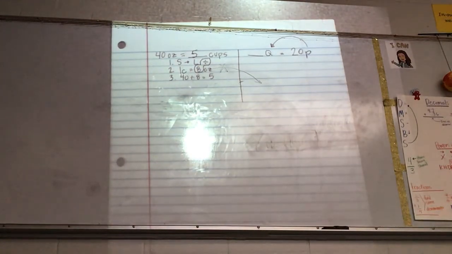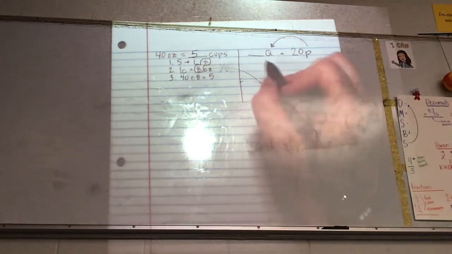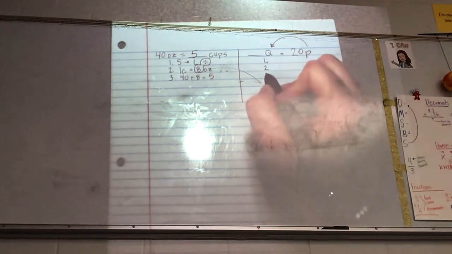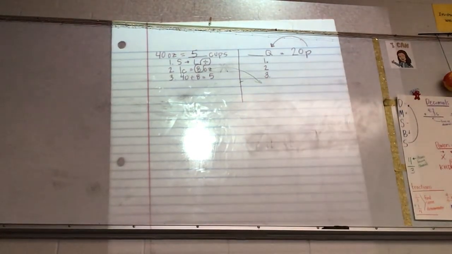If you have 20 pints, how many quarts would you have? So you have a step 1, 2, and 3. Eric, what is step 1? I'm starting with the pints on the big G, and I'm going to quarts. Which one is smaller?